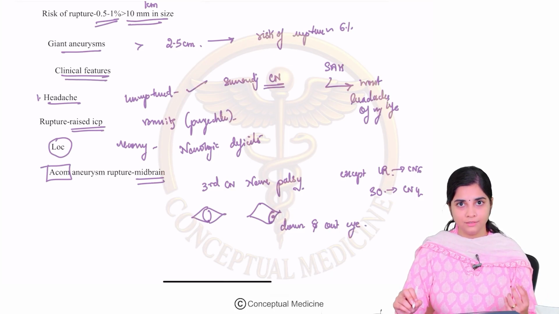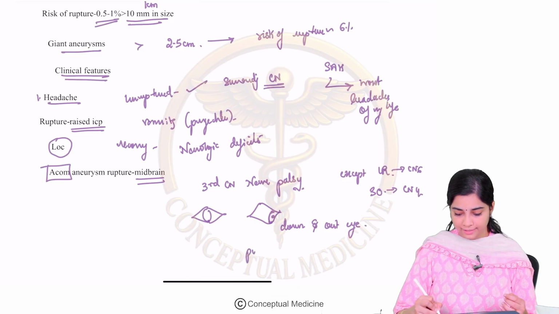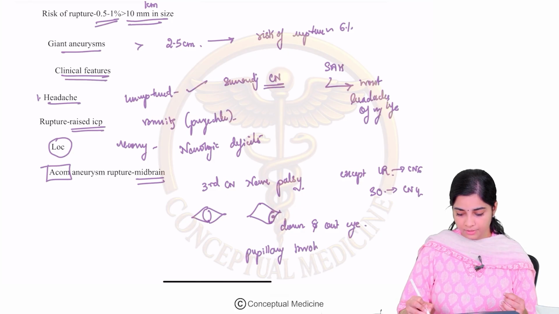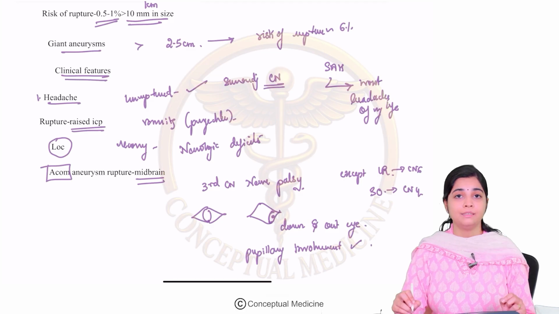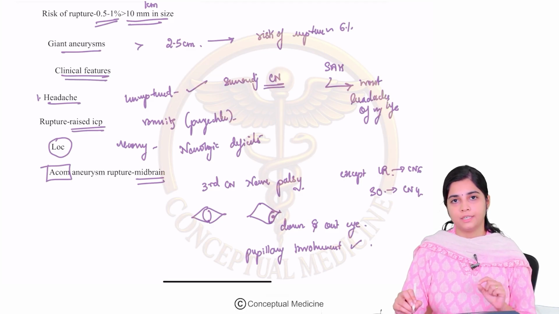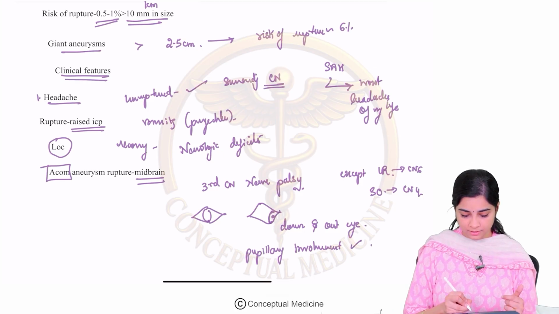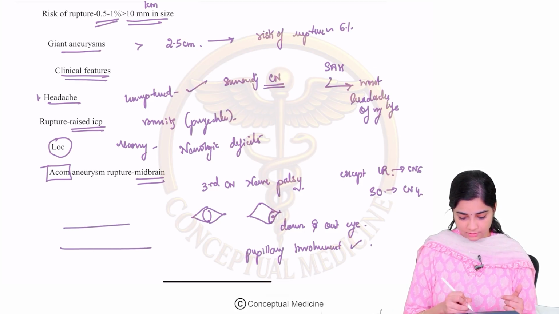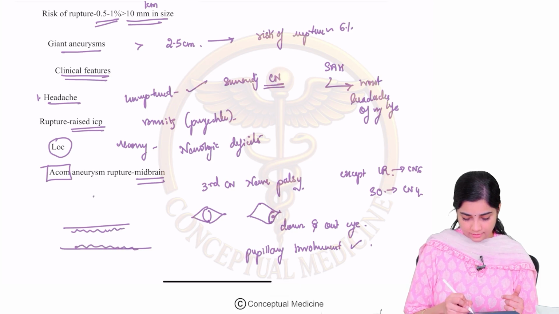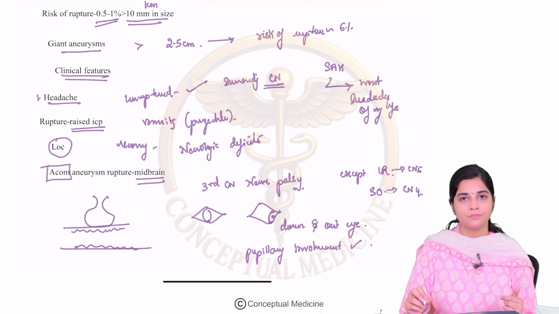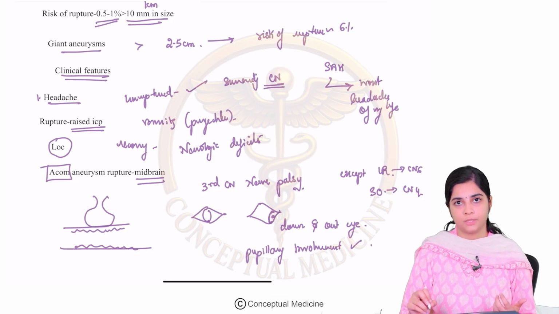Okay, fine. And you will have pupillary involvement. Where do you get a pupil sparing third cranial nerve palsy? You get it in diabetic neuropathy. Here you will have pupillary involvement, because whenever you see your third cranial nerve, the pupil fibers are more towards the exterior, so a damage from here will cause a pupillary involvement.